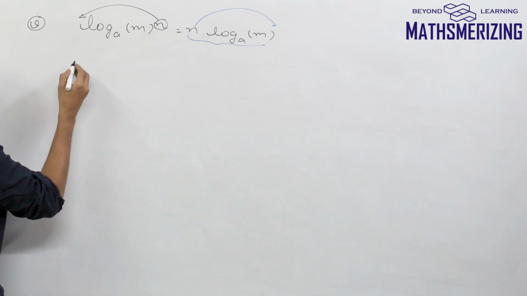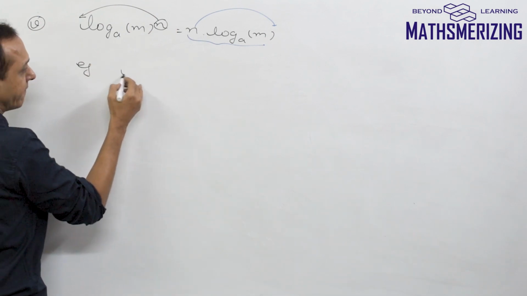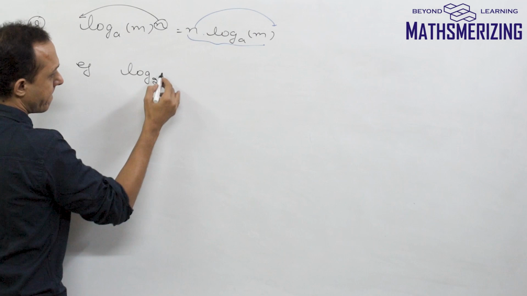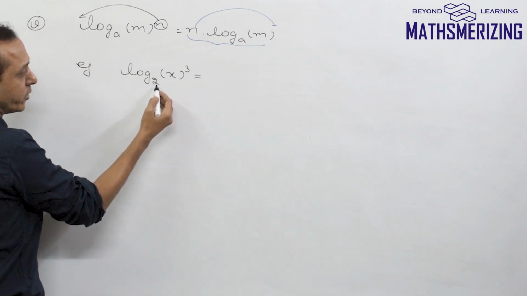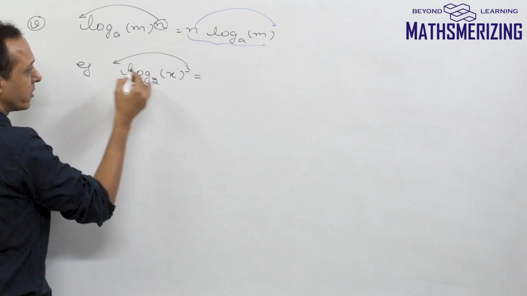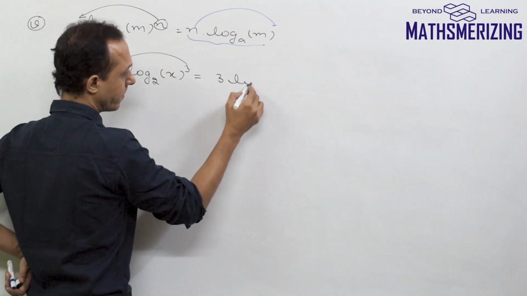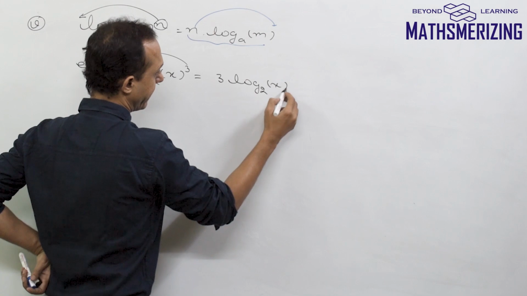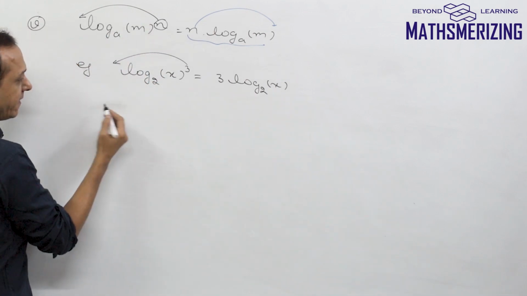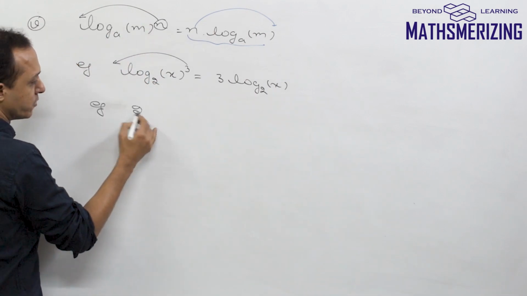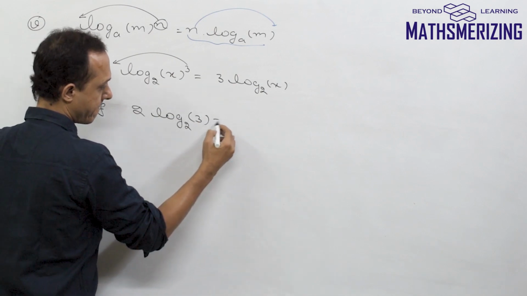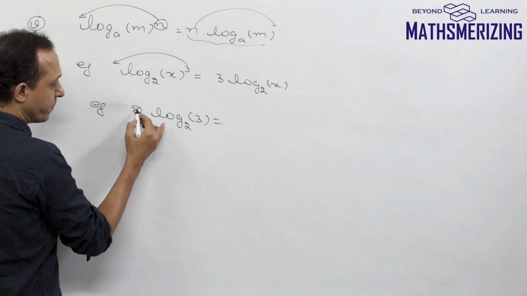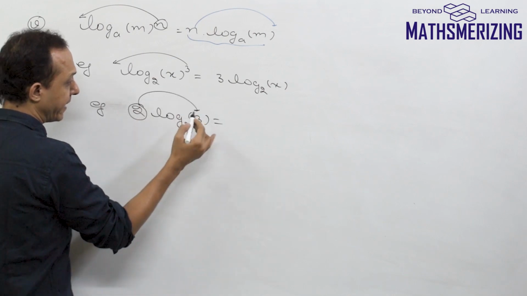Say for example, suppose I have log x cubed to the base 2. I can take this power out and write it as 3 log x base 2. If I have, suppose, 2 log 3 base 2, I can take this number to the power of 3.